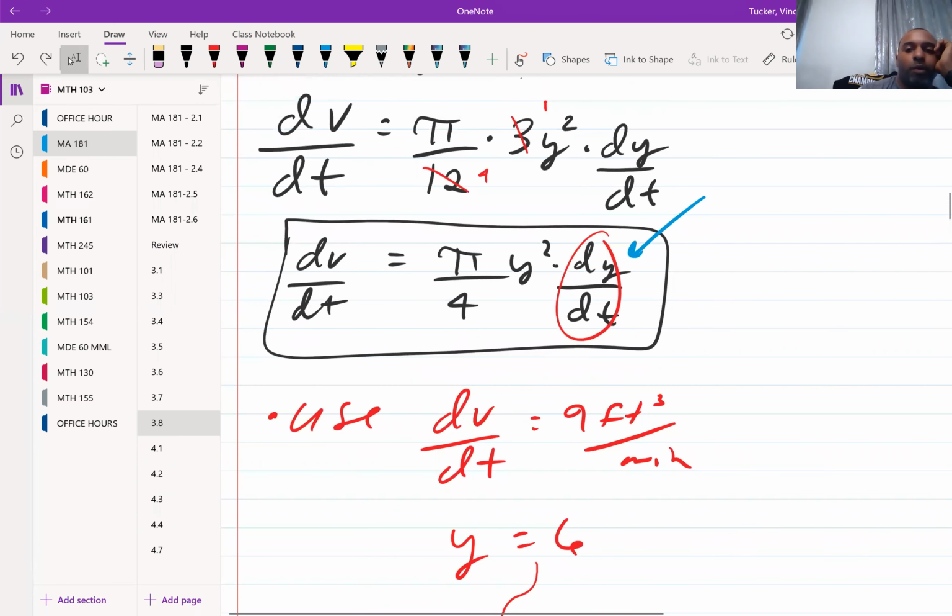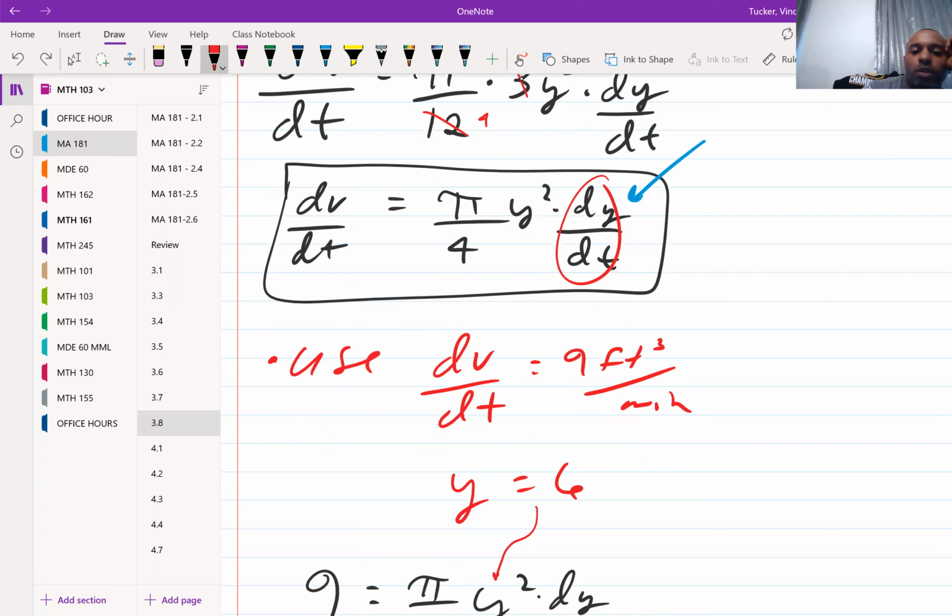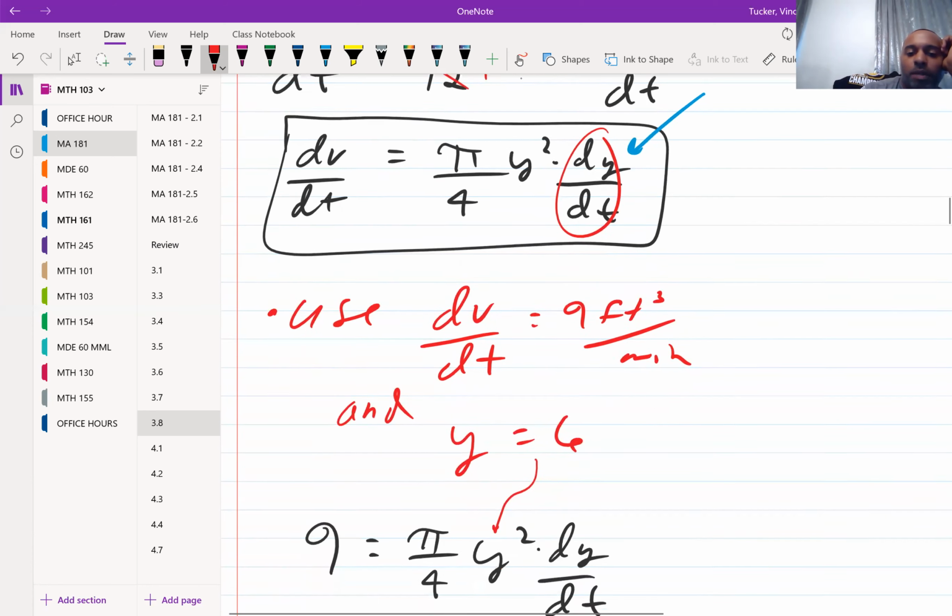So now, remember, we want to find dy dt, but we have something that we can plug in for the derivative of v with respect to t, and we have something we can plug in for y. And so that's what we got right here. We're going to use the derivative of v with respect to t being 9 and y being 6.